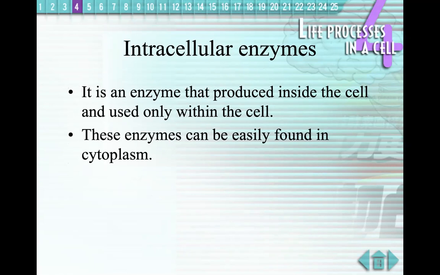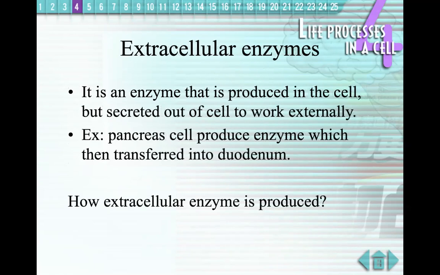So this enzyme can be easily found in the cytoplasm. How about extracellular enzyme? Extracellular enzyme is produced inside of the cell, but it is used outside the cell. I repeat, extracellular enzyme is enzyme produced inside the cell, but used outside the cell.